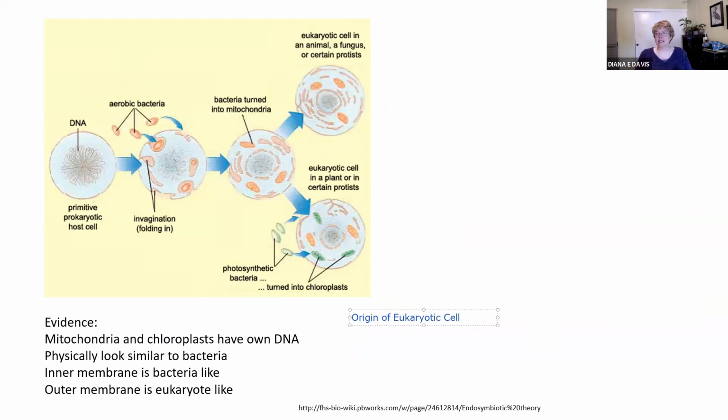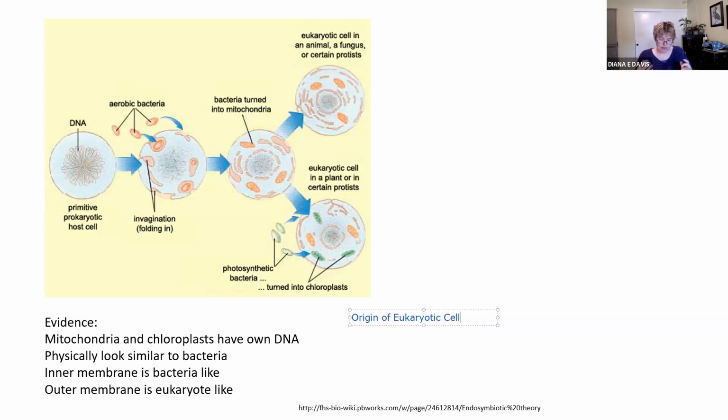So prokaryotic cells came first. We know this. We have fossil evidence for it. But at some point, something had to happen to a prokaryotic cell that allowed it to become a eukaryotic cell.